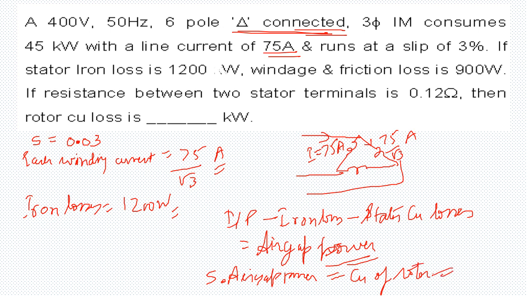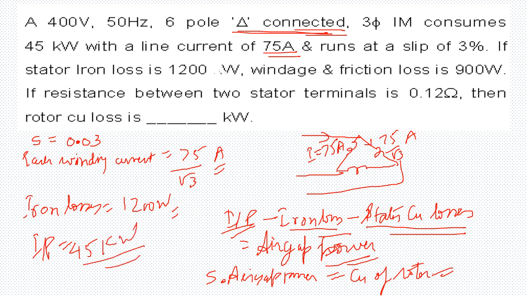So I need to calculate the stator copper losses. Iron losses are already given, and input power is given as 45 kilowatt. If I subtract these two losses, I get air gap power, and multiplying it with slip gives the copper losses of the rotor.